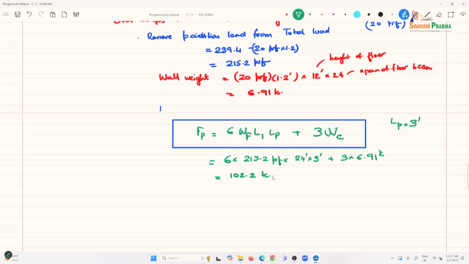And so the AST is F sub P divided by same thing. So 102.2 kips divided by 0.75 comes to 0.56 square inches per foot.